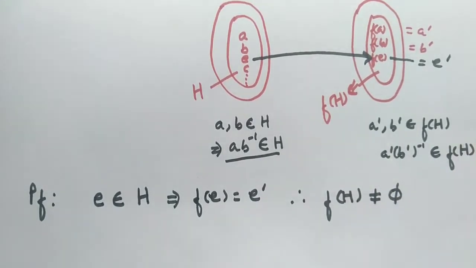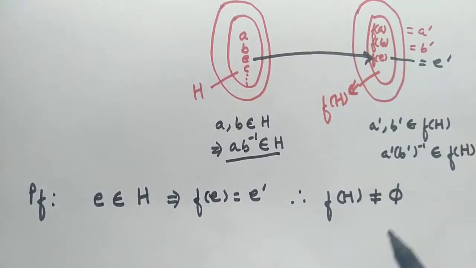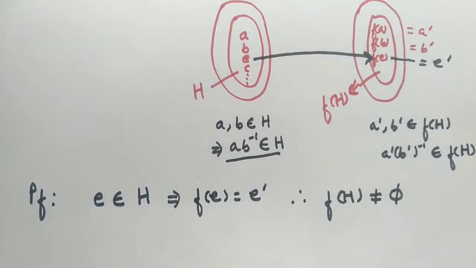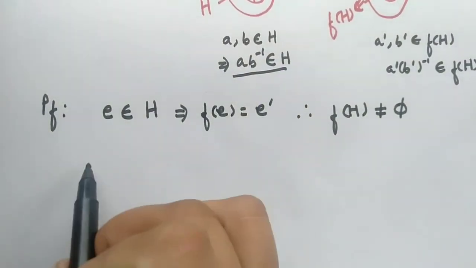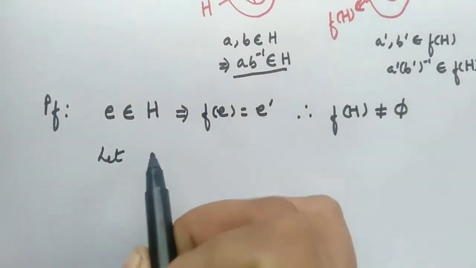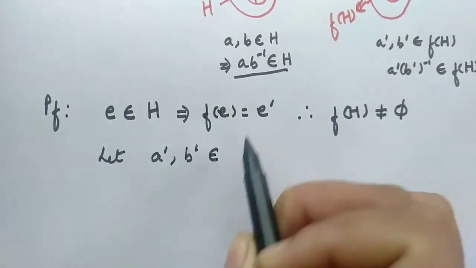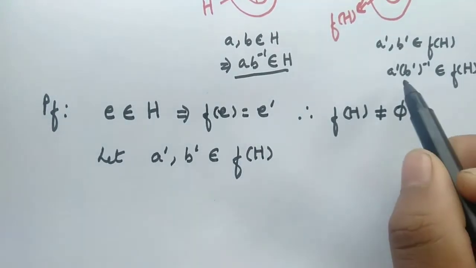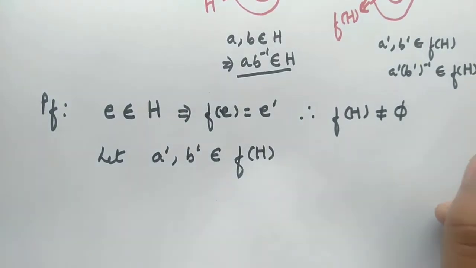Now we will show that f(H) is a subgroup of G prime by showing that for a prime, b prime belong to f(H), a prime b prime inverse belongs to f(H). So let a prime, b prime belong to f(H). We will show that a prime b prime inverse belongs to f(H).